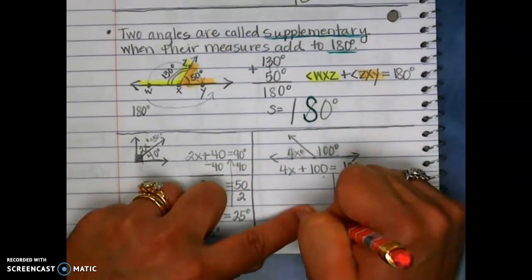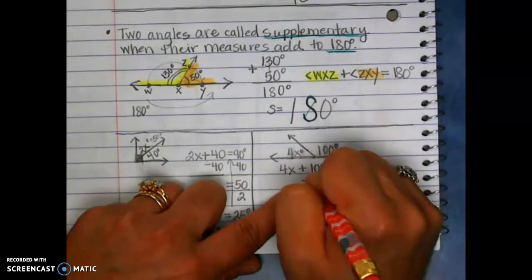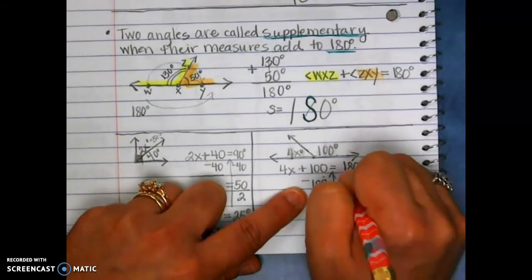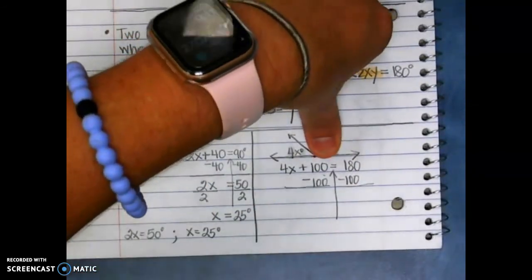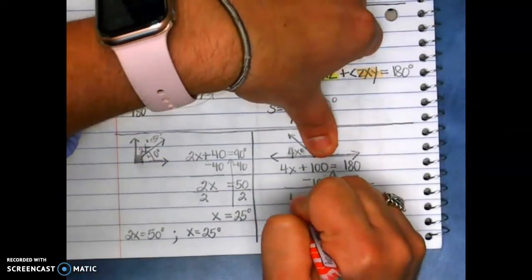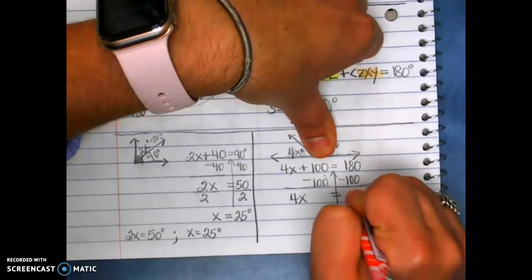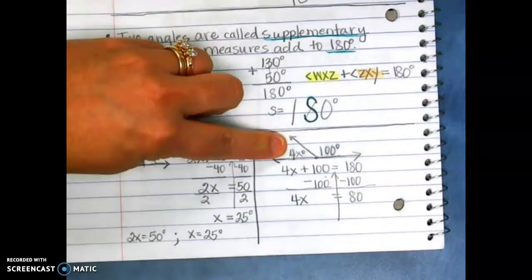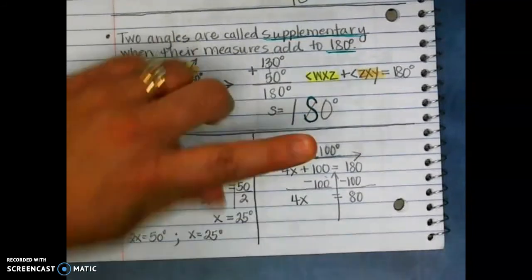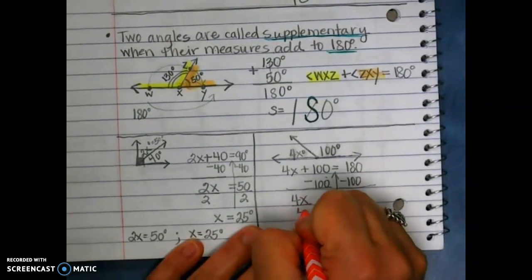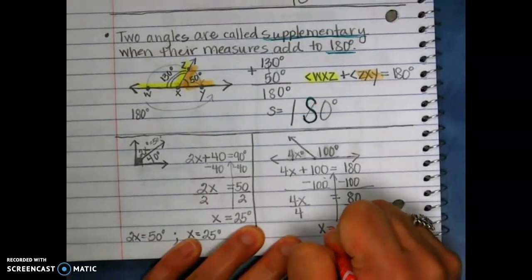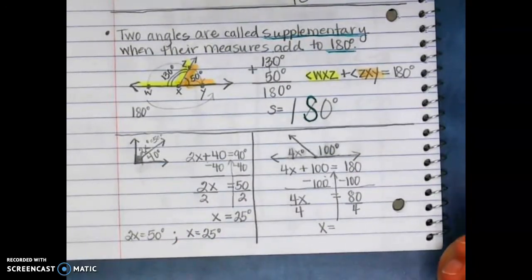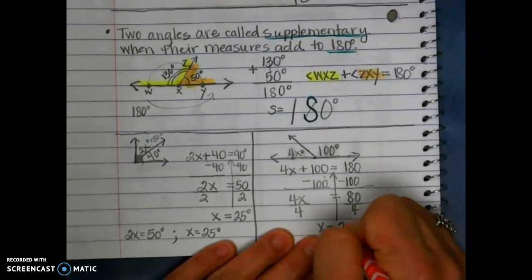So just like I did last time, I'm going to solve this equation by subtracting 100 on both sides. Okay. And what I'm doing is I'm just removing this angle over here, and I'll be left with 4x equals 80. And now I happen to know the angle is 80, but if I want to continue, I'm going to divide out the coefficient, and I'm going to know that x is equal to, let's see, 80 divided by 4 is 20.